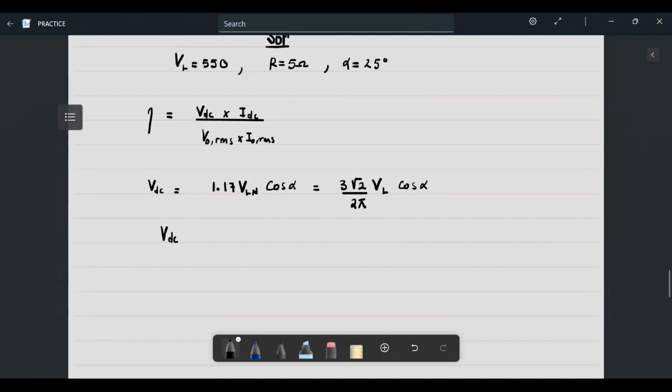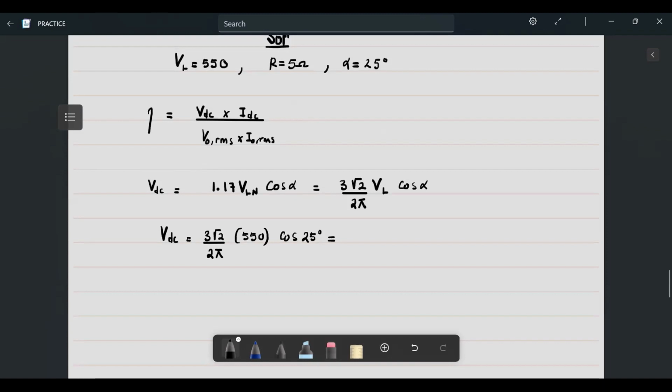So VDC is simply equal to 3√2 over 2 pi, because the second formula doesn't require me to convert the line voltage to phase, right? So I'll just plug it in. It's 550 times cosine of 25 degrees. Okay, so how much is that?